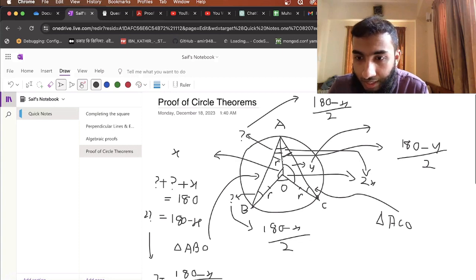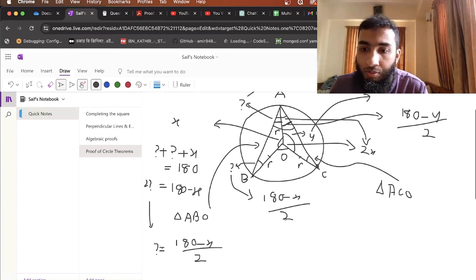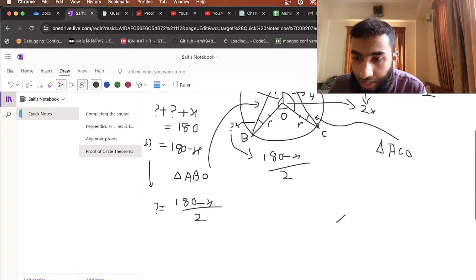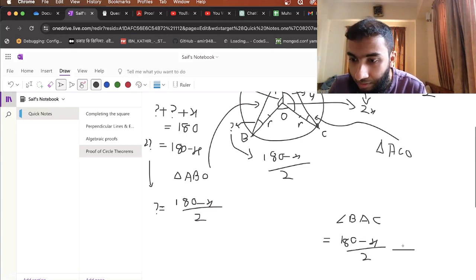So what is the angle that we have to figure out? Let's say this angle is BAC. So the angle BAC is (180 minus X) by 2 plus (180 minus Y) by 2.